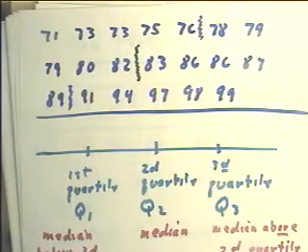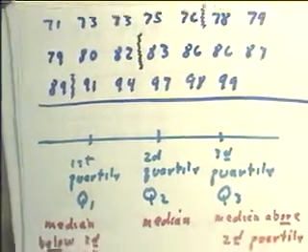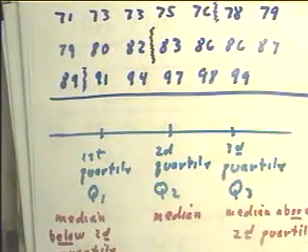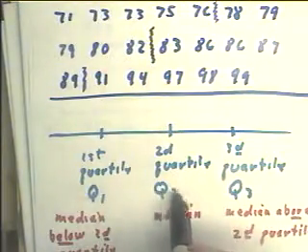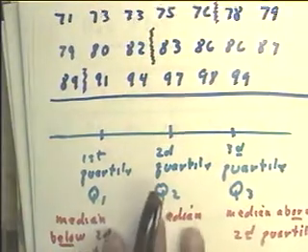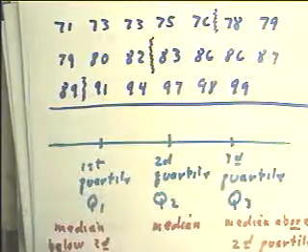Now the definition of quartiles is that your second quartile, Q2, is the median. To get the median of these 20 items, what are you going to do?